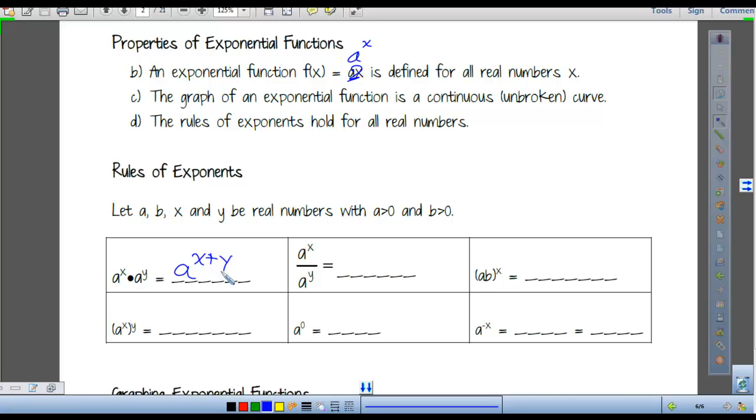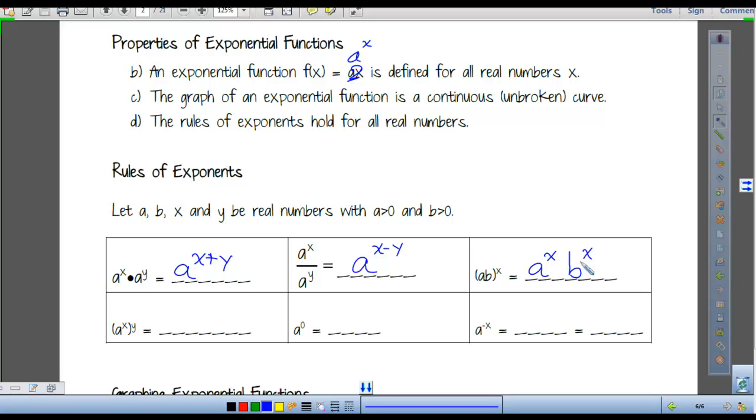If we have the same base, what do we do with the exponents when we divide? Subtract. Here we have a times b raised to some exponent, so we can actually distribute the exponent to each of the factors. So this becomes a to the x times b to the x.